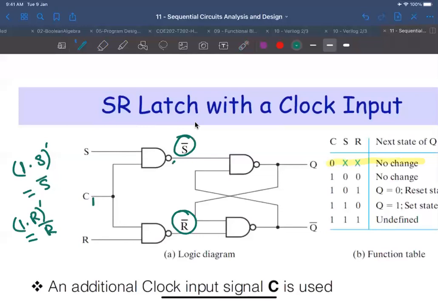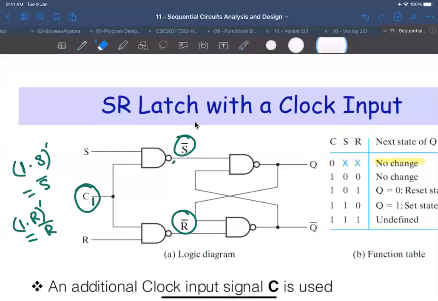So if C is 1, it acts like an SR latch, because we are giving S and R now, not S complement and R complement. S and R are active high signals.